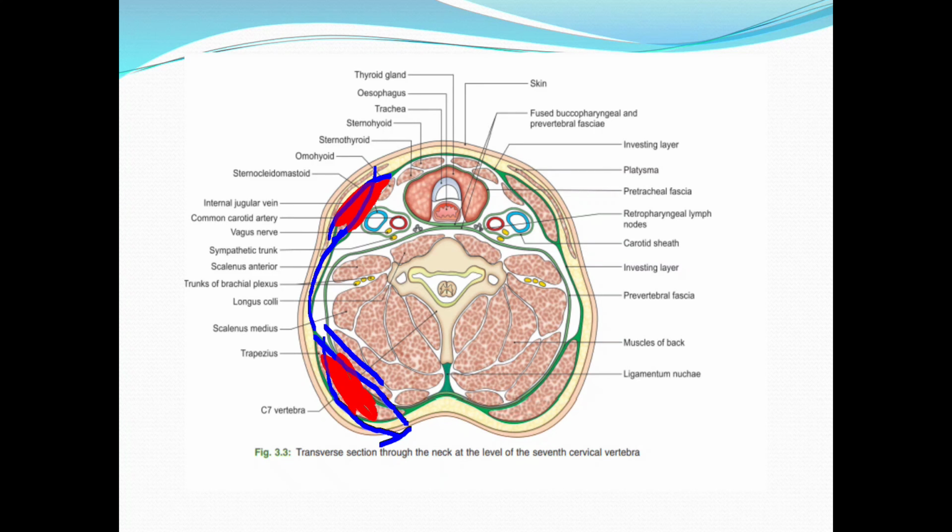And the blue color is showing the deep fascia of the neck.